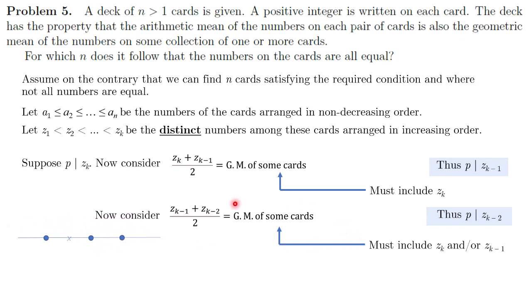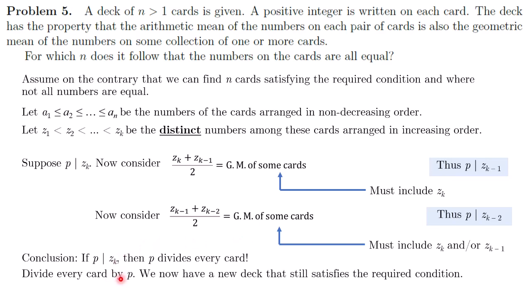This means that the geometric mean must include Zk and/or Zk minus 1. Since we just showed that p divides both of these numbers, p must divide the geometric mean. Therefore, again, we conclude that p must divide the third largest number. So by proceeding with this reasoning inductively, you can conclude that if prime p divides the largest number, then p must divide every card.